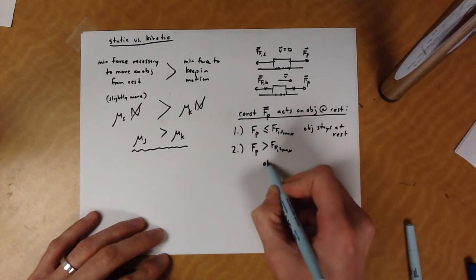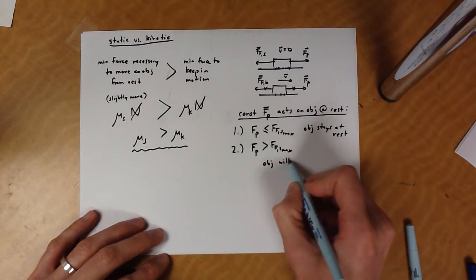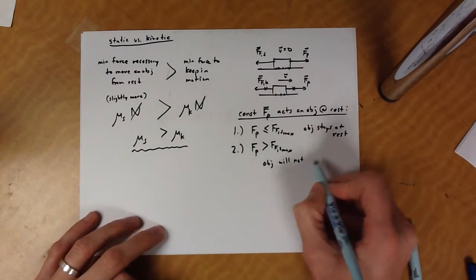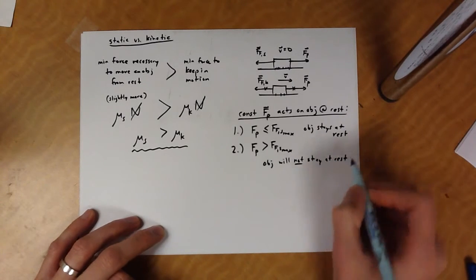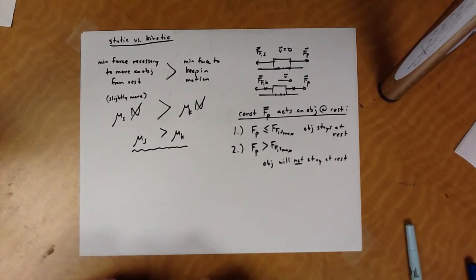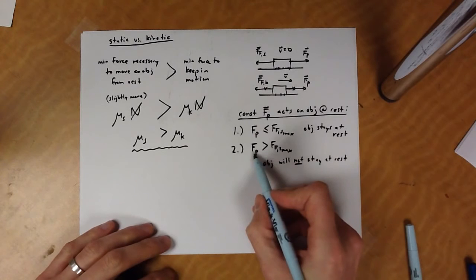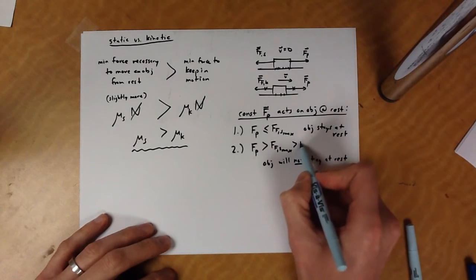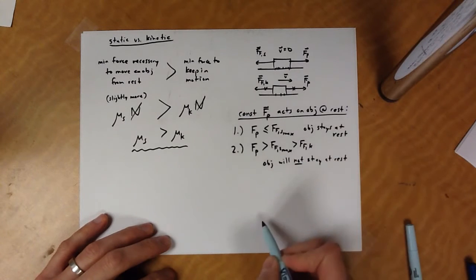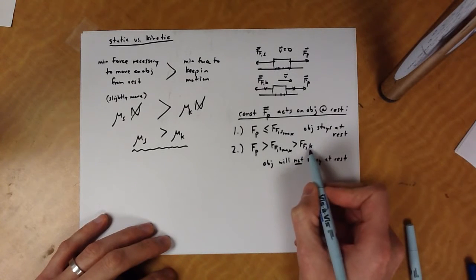And now, of course, the object will not stay at rest because you've pushed hard enough to get into motion. So let's take a look at what its fate would be from there. Well, if you push hard enough to overcome that, we've just learned that you will definitely be bigger than the kinetic frictional force, because the kinetic frictional force you'll have to contend with once you are moving is even smaller.